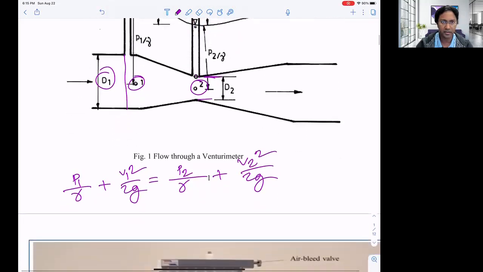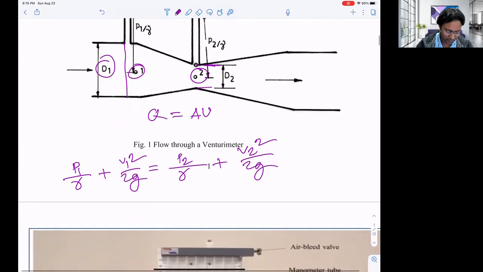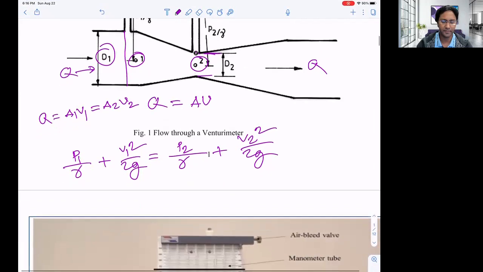And we know from the continuity equation that Q is equal to A times V. Q is the same for Q in and Q out. There is no flow diverting, or no loss of flow. So everything is the same, Q in and Q out. So we can write Q is equal to A1 V1 is equal to A2 V2, okay?